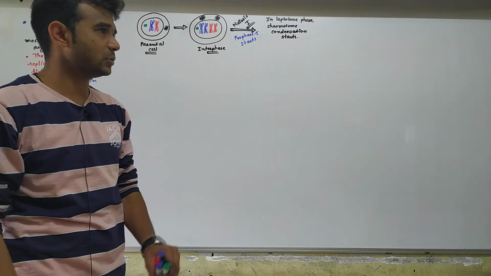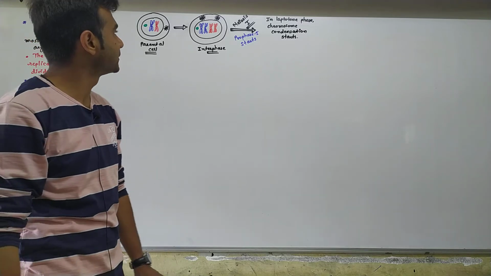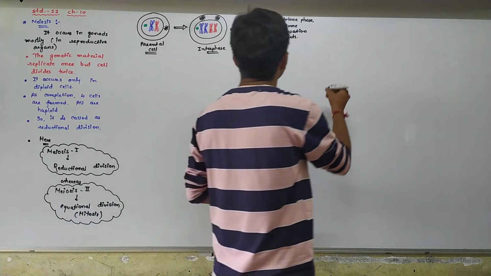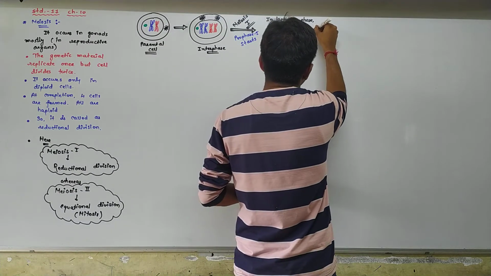We can't see the chromosomes properly in this stage. So this is about leptotene. Now zygotene.